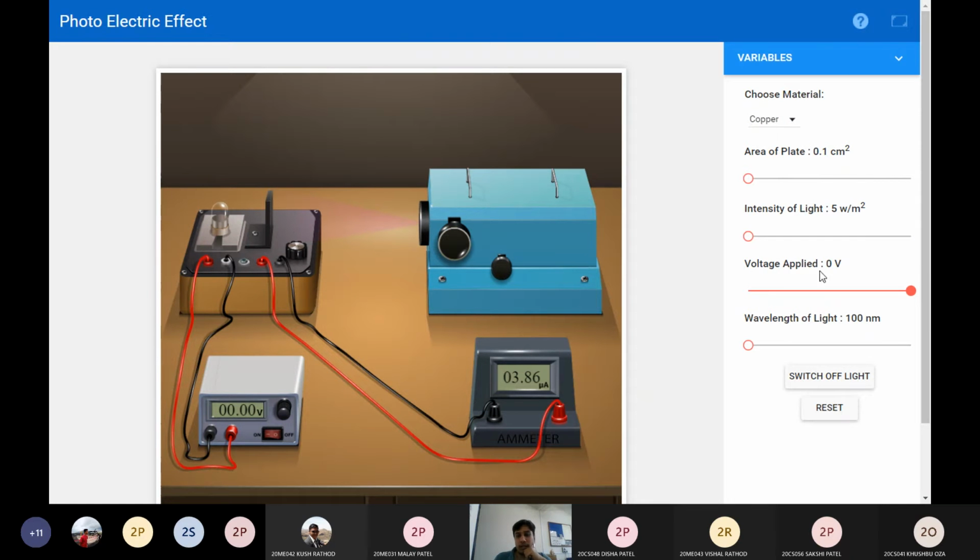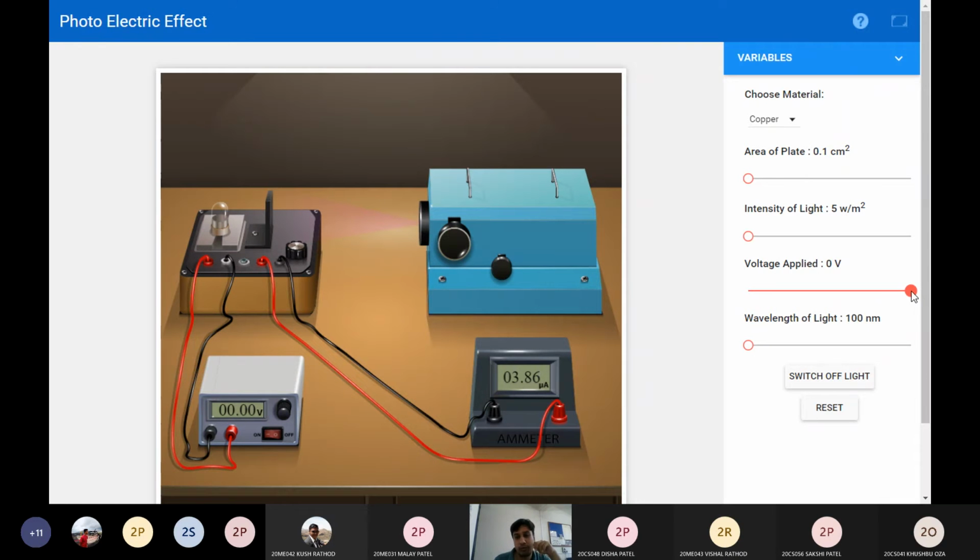Now without applying voltage, we have not applied any voltage, but still we are getting some current. We are interested in getting this value equal to 0, or zero current.